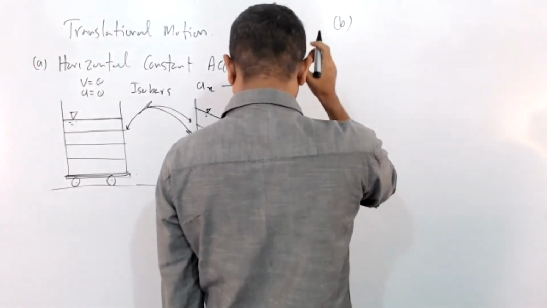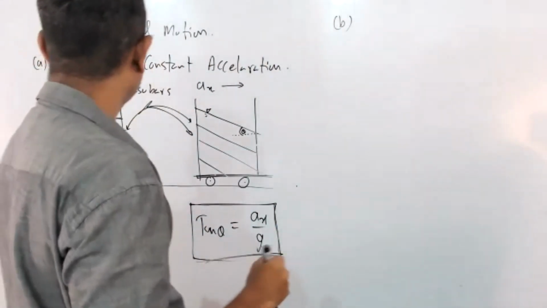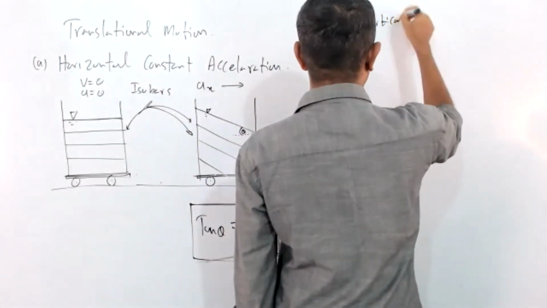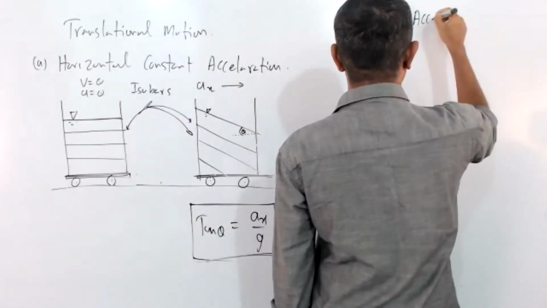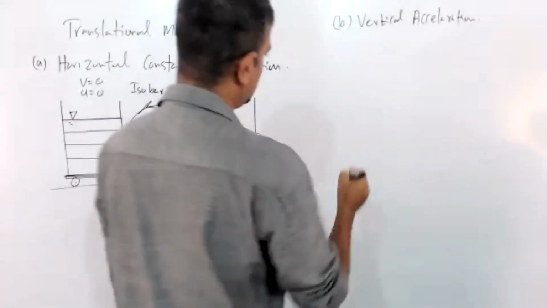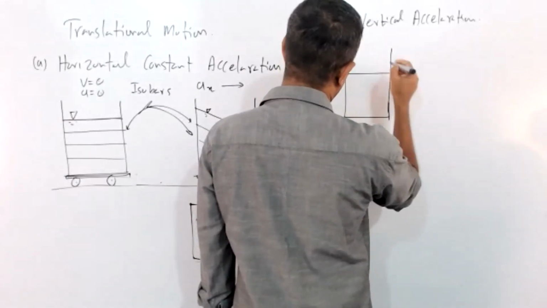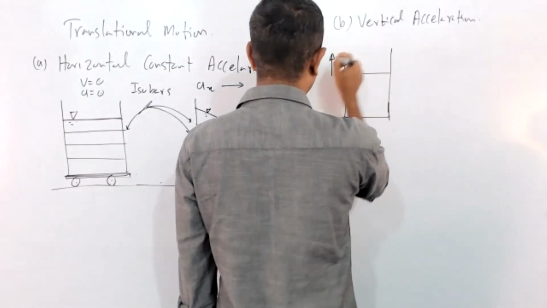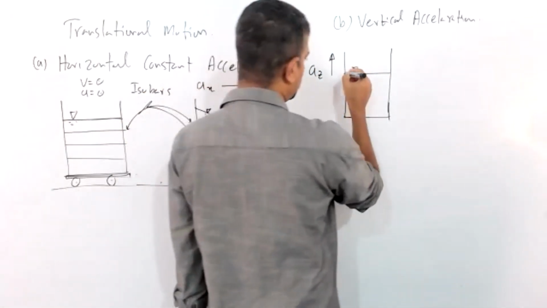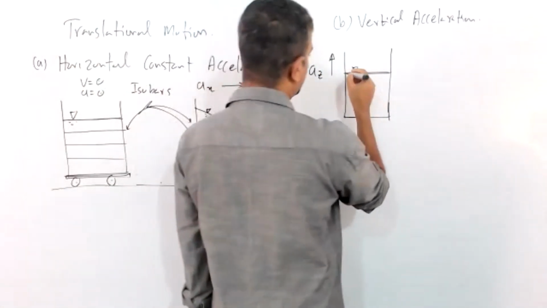Case B. Vertical acceleration. If the acceleration is in the vertical direction, let's say vertically upward, the free surface is now the horizontal free surface.